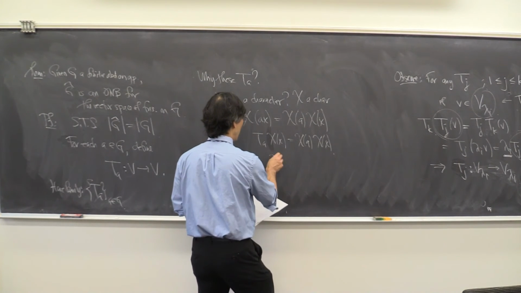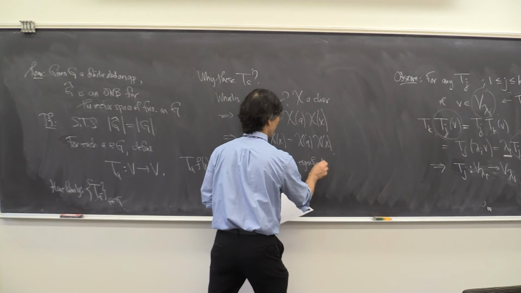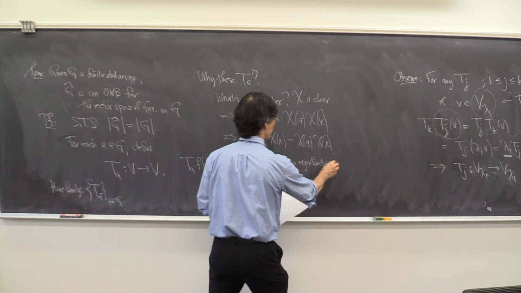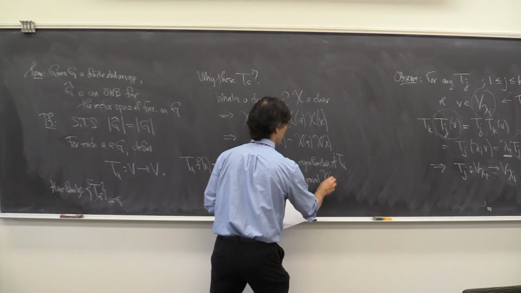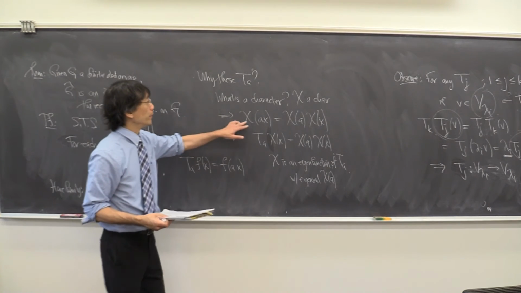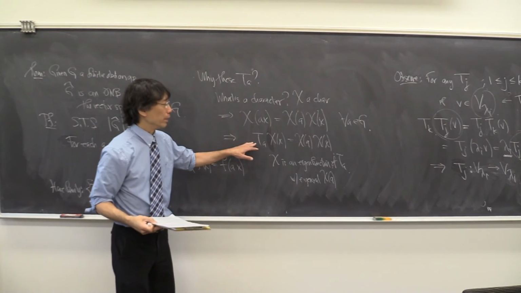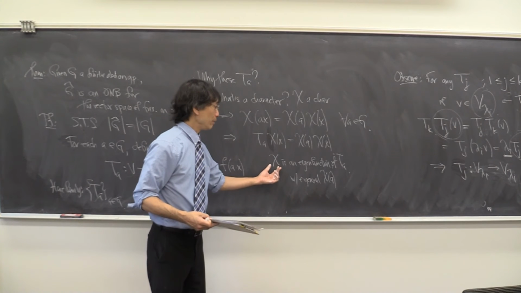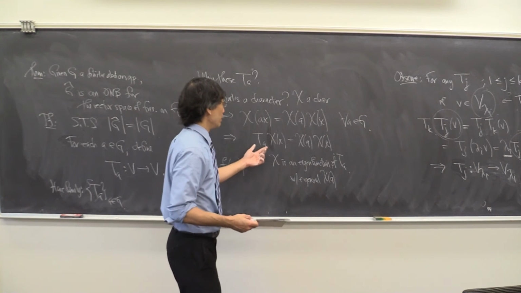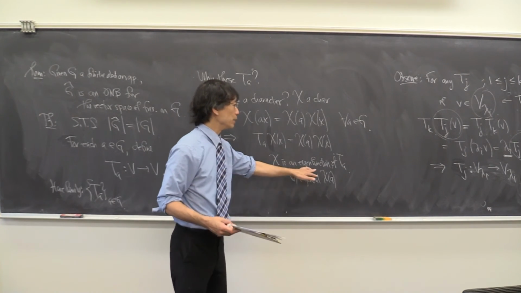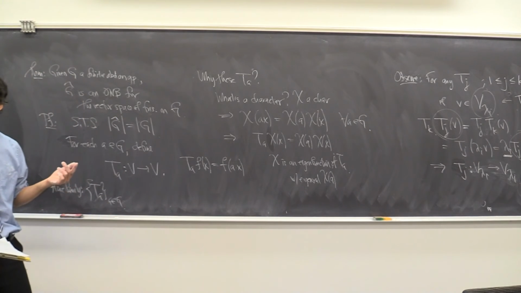Just writing this property of characters in terms of the linear transformation, that means chi is an eigenvector, or eigenfunction, of T sub A with eigenvalue chi A. For something to be a character, this has to be true for all A in G. So what we're looking for are eigenvectors for all of the T sub A, and that's exactly what we were doing with simultaneous diagonalization.